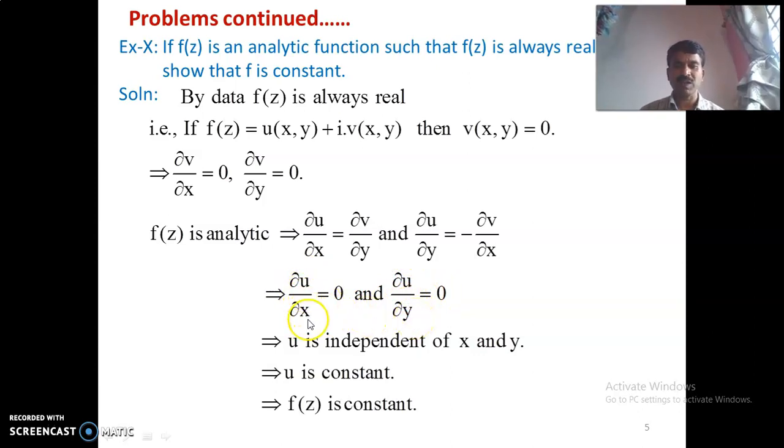That means u is independent of x and y. If you integrate, u is constant, so f is constant.